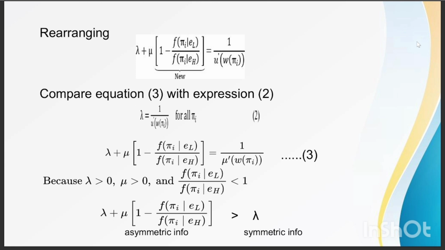So we need the second best solution where effort is unobservable. The principal must design a performance-based wage schedule. So the wage under asymmetric information is greater than the wage under symmetric information. It is more costly to induce effort when the principal can't see the agent's effort.